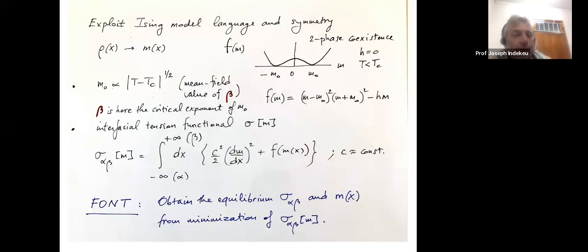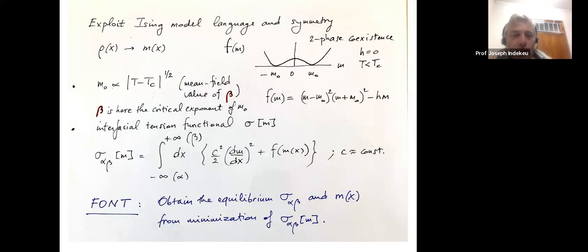We call this magnetization an order parameter because the order parameter typically takes different values in the two coexisting phases, and vanishes typically when we go above the critical point.